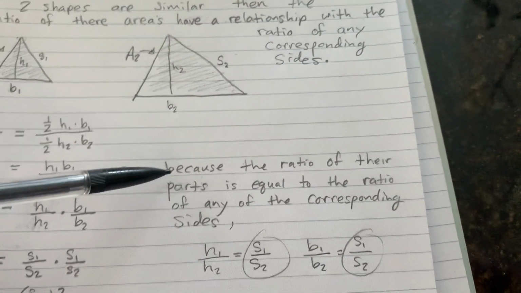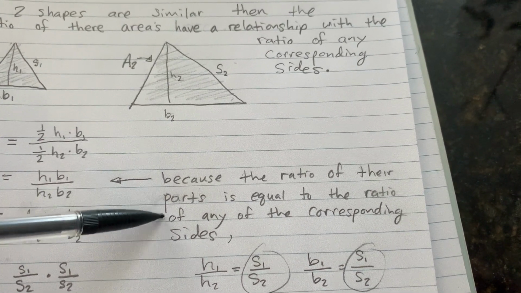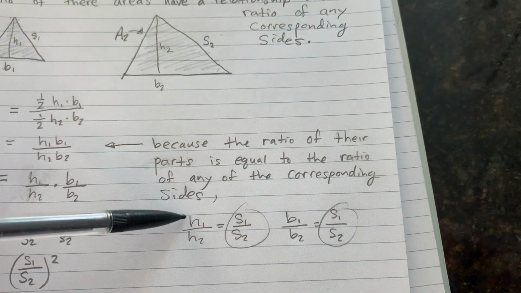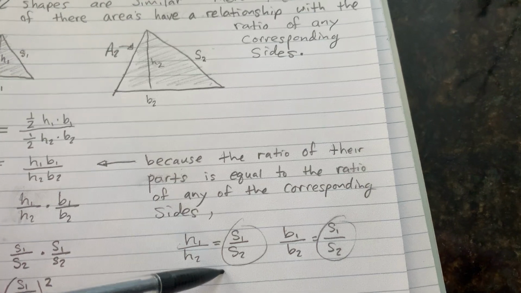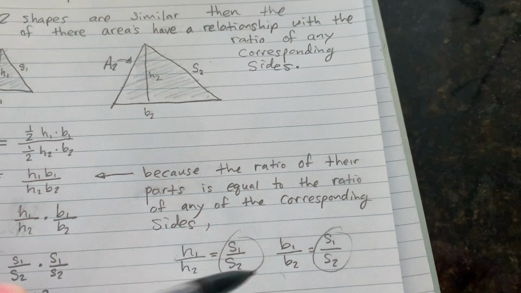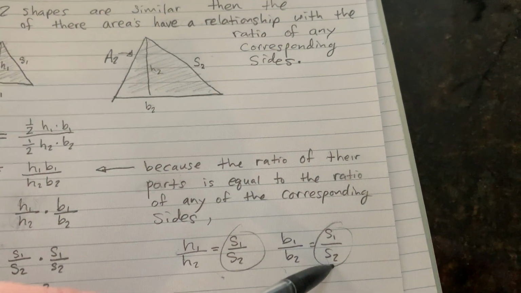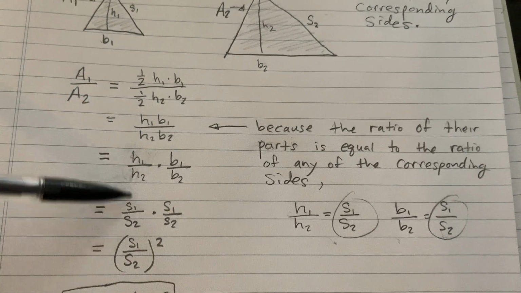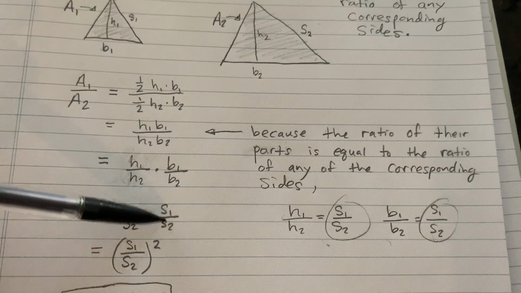Now, because the ratio of their corresponding parts is equal to the ratio of any of the corresponding sides, H1 over H2 equals the same thing as S1 over S2. And B1 over B2, because it's a ratio, equals the same thing as S1 over S2, right? And so since they equal the same thing, I can replace this ratio with S1 over S2, and I can replace this one with the same thing, S1 over S2.